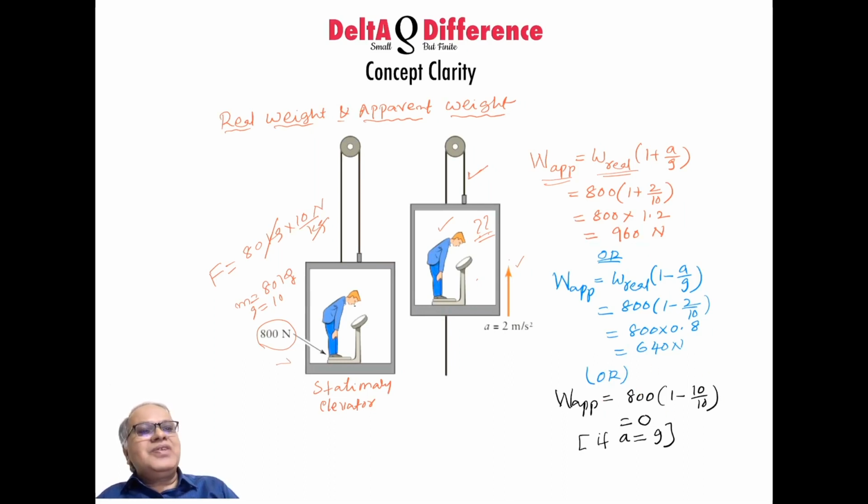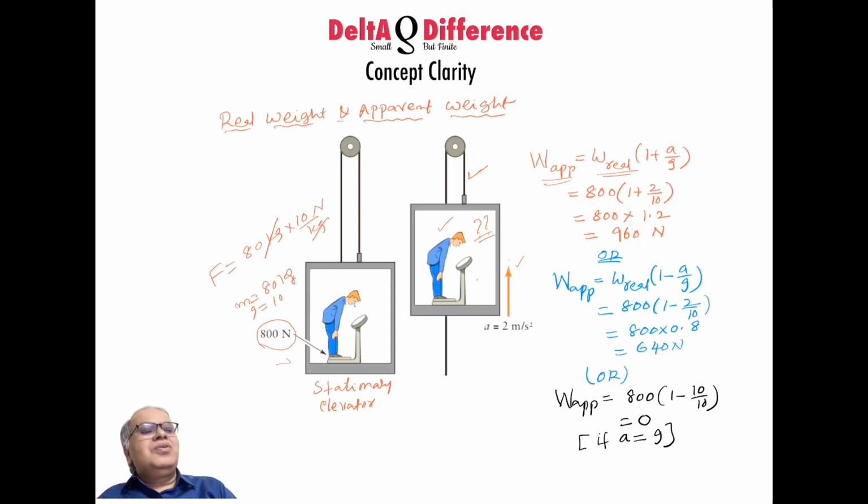So when this kind of a discussion is done, of course, people try various methods here which are not very appropriate. I'll be discussing the correct approach later. But the very fact that you define weight as a force by the earth, and that is m into g, and now suddenly because of this motion the weight is changing, that's somewhat confusing for the children at first, because his mass will be the same. 80 kg means 80 kg, nothing will go out of his body, and g at this place will remain the same.